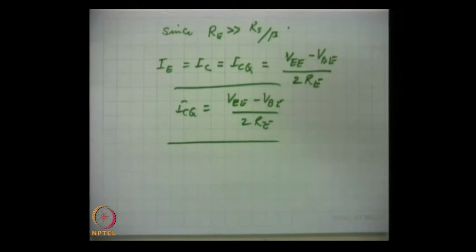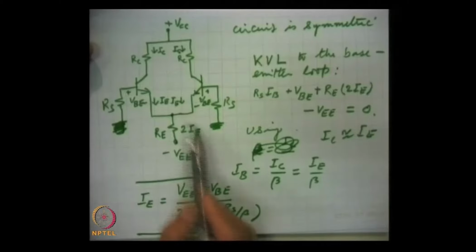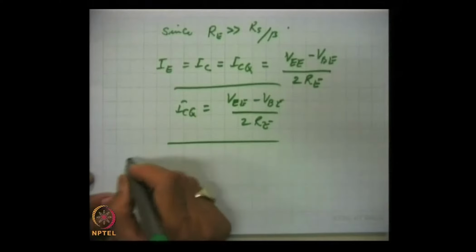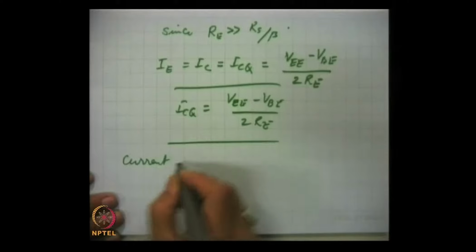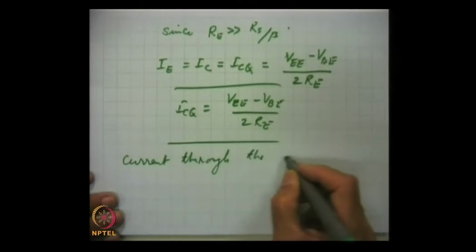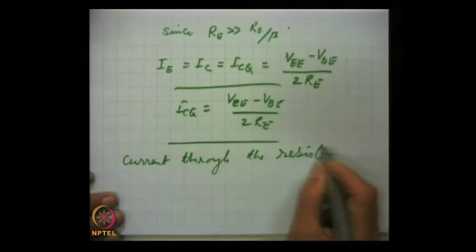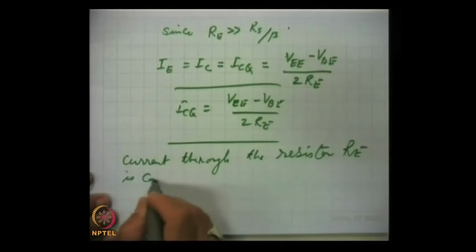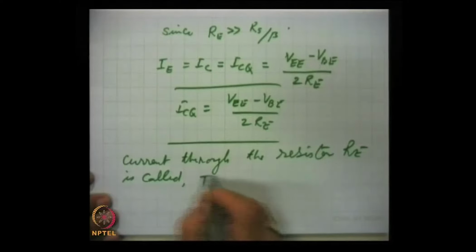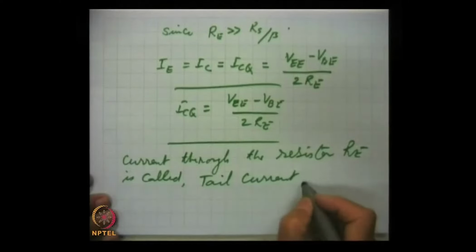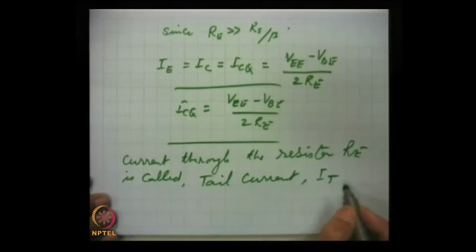And this RE actually is like a tail. So, the current through the resistor RE is called tail current, and often written as IT for tail.